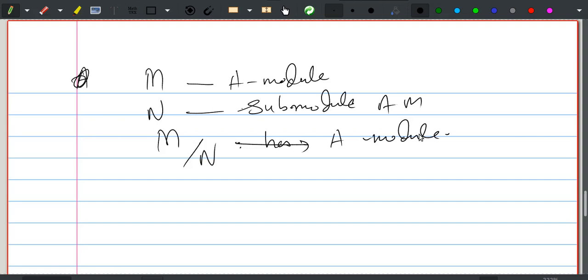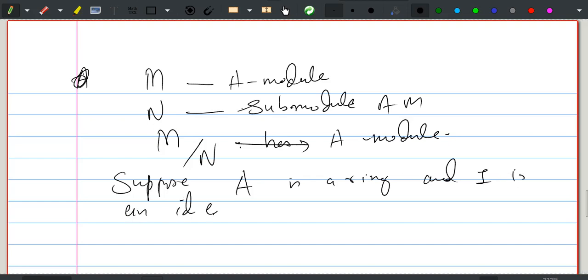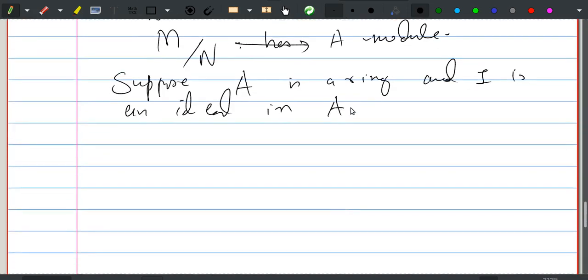Now there is this question. Suppose A is a ring and I is an ideal in A. So this is our hypothesis: A is a ring and I is an ideal in A. Suppose M is an A module.